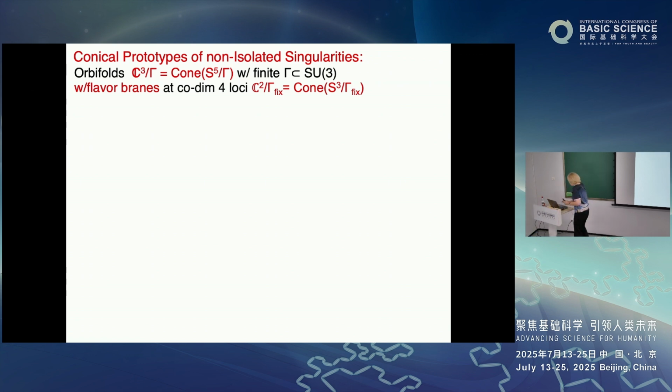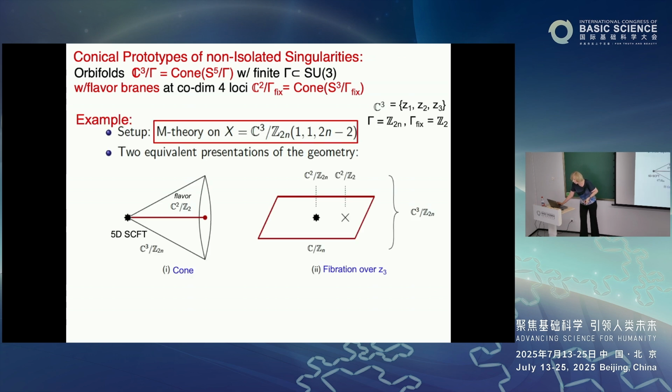Okay? So our favorite prototype is Z2N orbifold with this action on each of the complex planes, 1, 1, to n minus 2. And in the sector n, we are dealing with codimension 4 loci that appear there, that extend all the way to the boundary. So those are these flavor branes, right, associated with the C2 mod Z2 action perpendicular to this codimension 4.